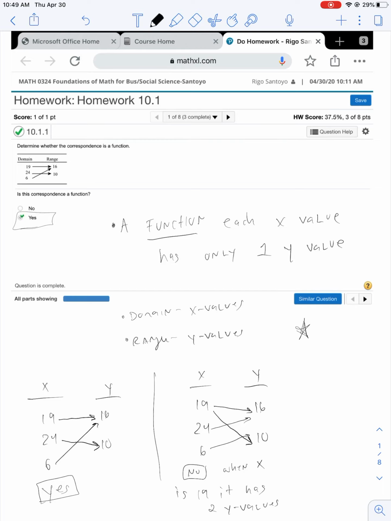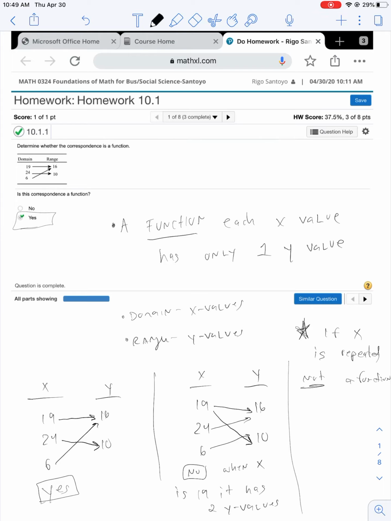One thing I think is really important to understand is that if x is repeated, it's not a function. Right, if x is repeated, it's not a function.